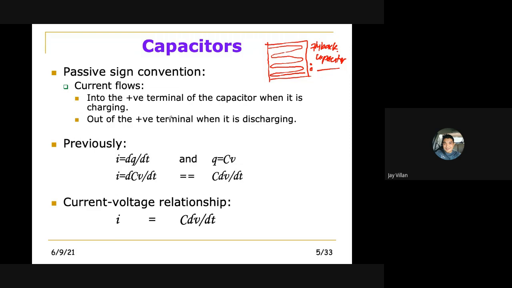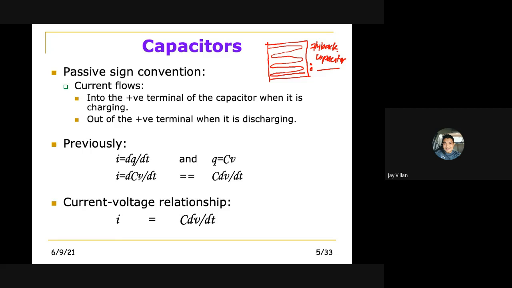Okay, so we know from our previous discussion that current is the change, or the amount of charge that is passing through the cross-sectional area of a conductor per given time. Or we could express it as the differential equation I equals dq over dt. Now, from the relationship between a capacitor and the voltage, Q equals CV, we substitute it here.